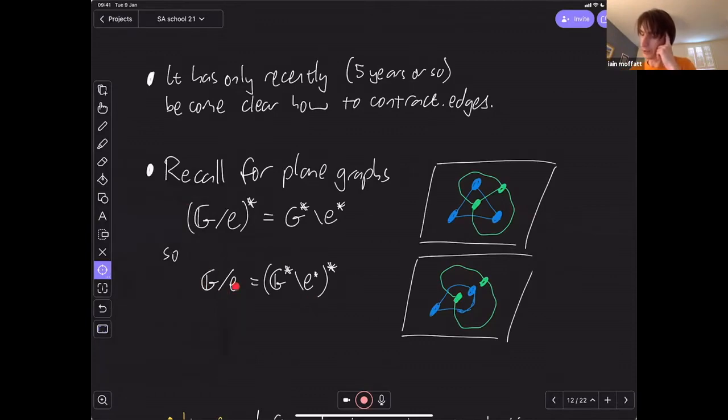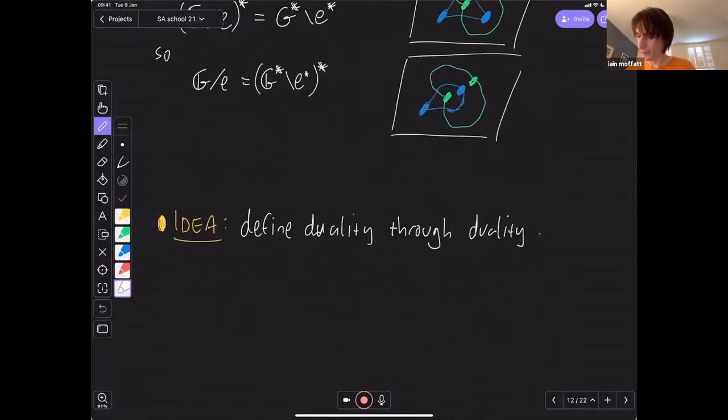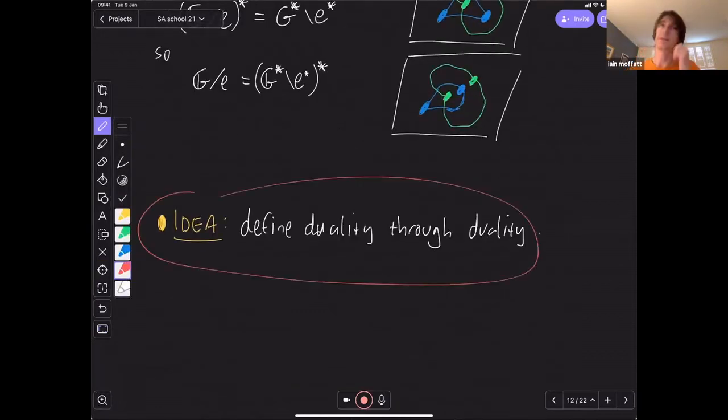So recall that for plane graphs, we could define contraction in terms of deletion and duality. And for ribbon graphs, well, we've got deletion. And well, if we could define duals, we're pretty much good to go. So this is the approach we could take, is to define duality, define contraction through duality together with deletion.